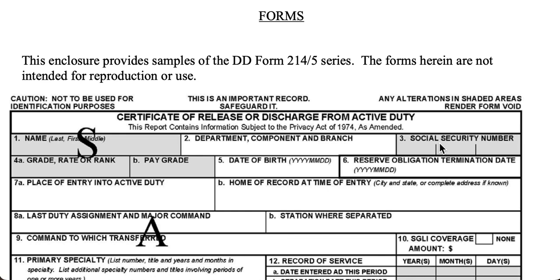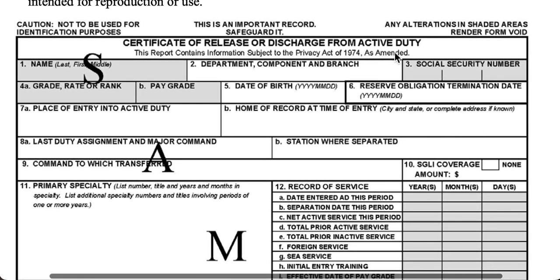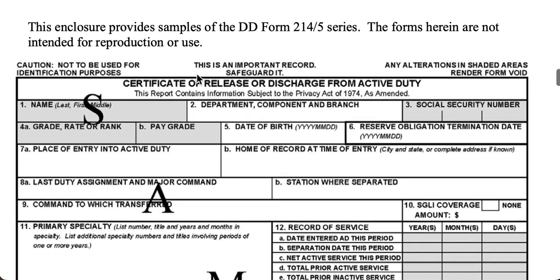It's a certificate, and what is the legal significance of this document. So in order to do that, we start out by looking up words such as certificate, release, discharge, and active duty, because this form's title is Certificate of Release or Discharge from Active Duty. That's what the title of the form is.